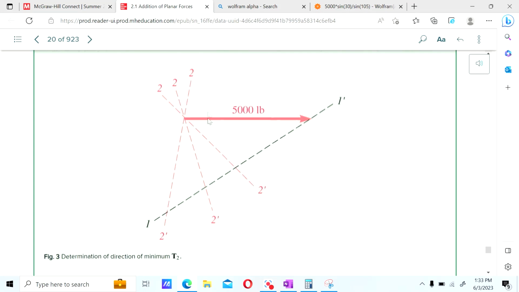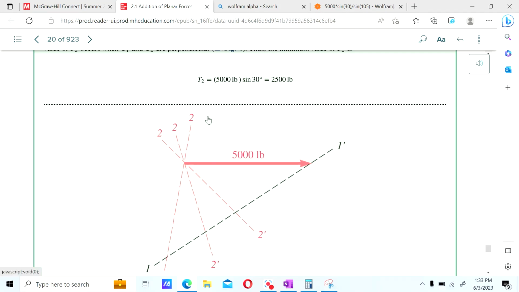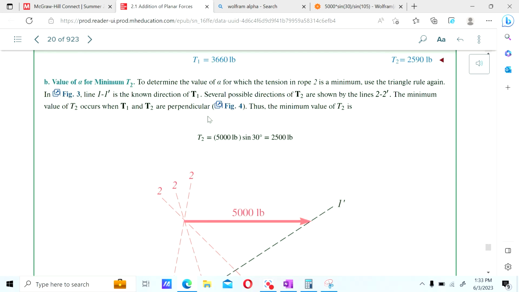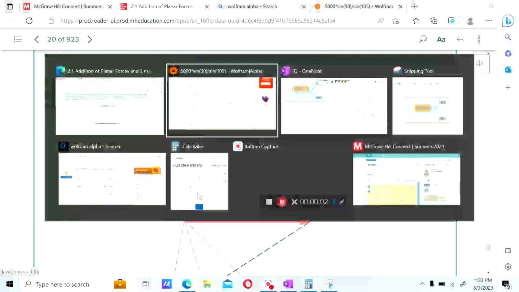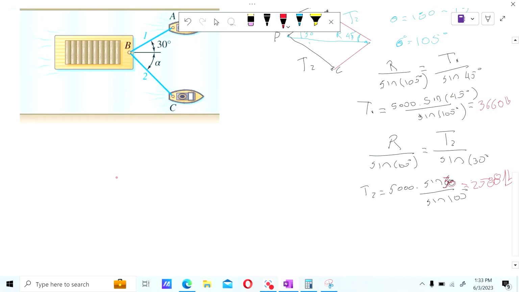This is going to be an interesting point because they're asking us, at what point, let's see if we understand the question. They want to save gas or something for the boat carrying point C, because B is the common point.